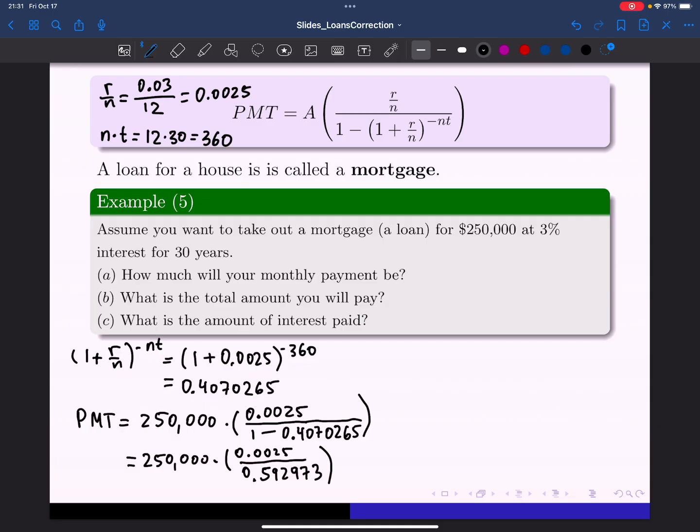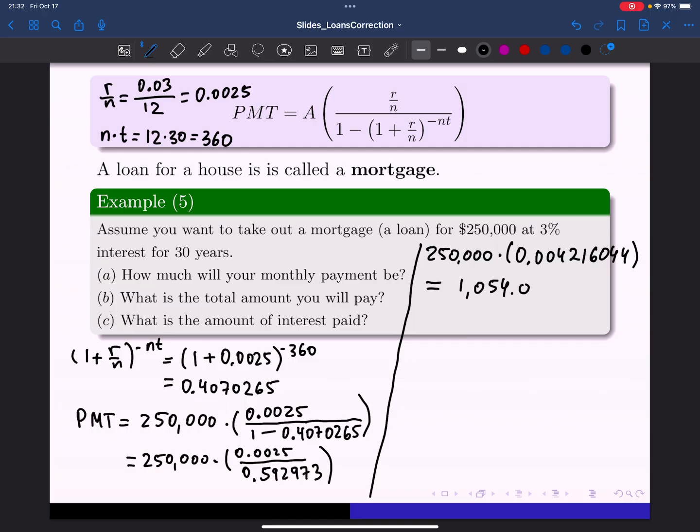So this is equal to 250,000 times 0.004216044. And if I multiply this out, I'm getting 1054 and 01 cents. So this is the monthly payment, 1054 and 1 cent. So this is my part A, what is my monthly payment.